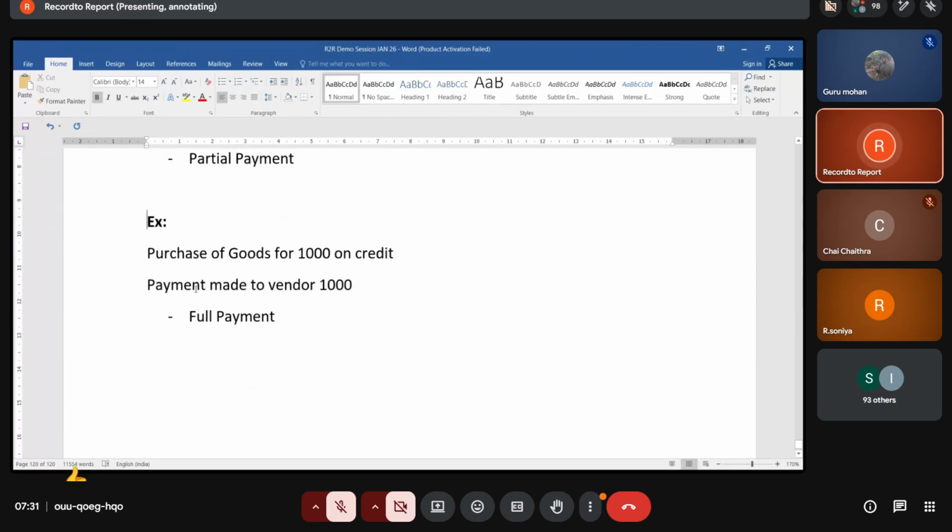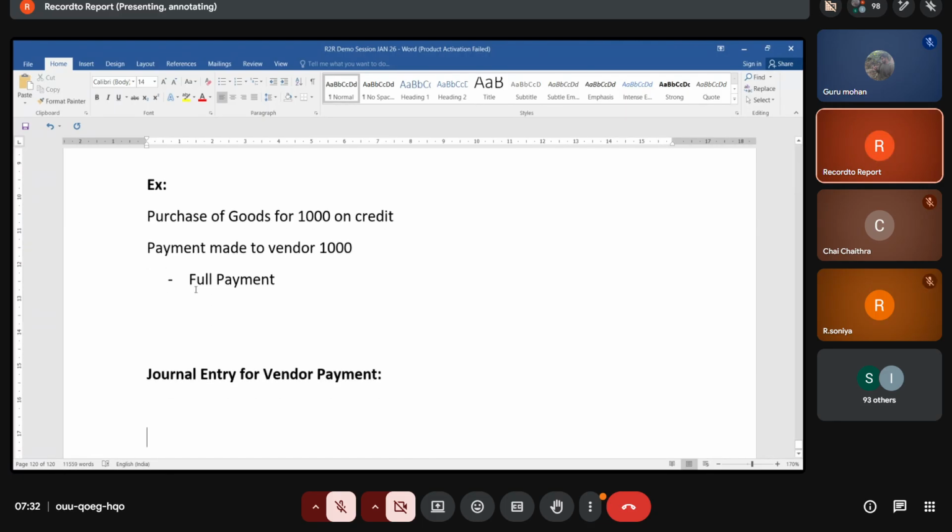While making the payment, what is the entry we will record? The journal entry for the payment. Which account is credited? If you make the payment to the vendor, what is the entry? You purchased on credit, and now you are making the payment.